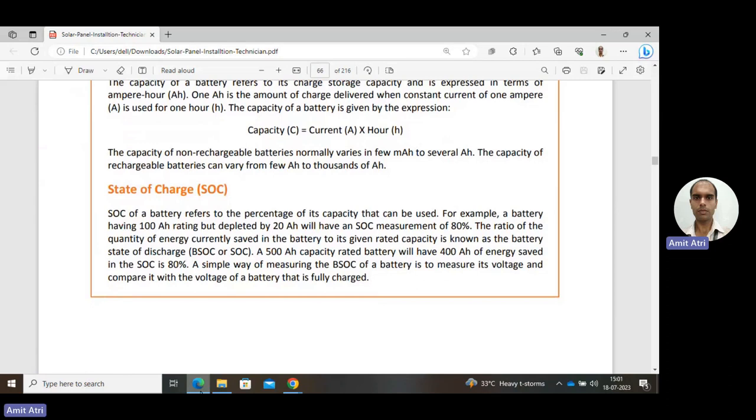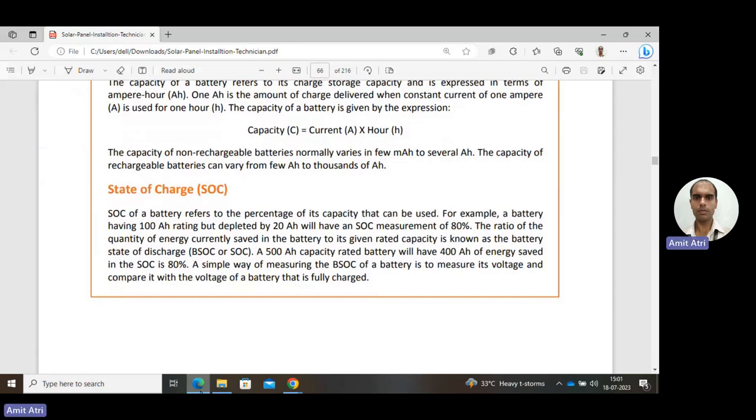The state of charge. The state of charge of a battery refers to the percentage of its capacity that can be used. Means how much percentage of the total capacity can be used. So if the charge storage capacity is 100 ampere hour, but it is depleted by 20 ampere hour, then the state of charge will be 80%.